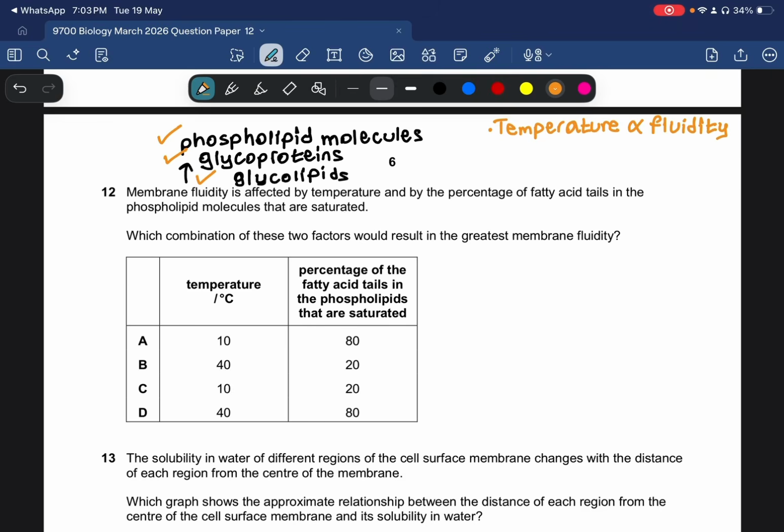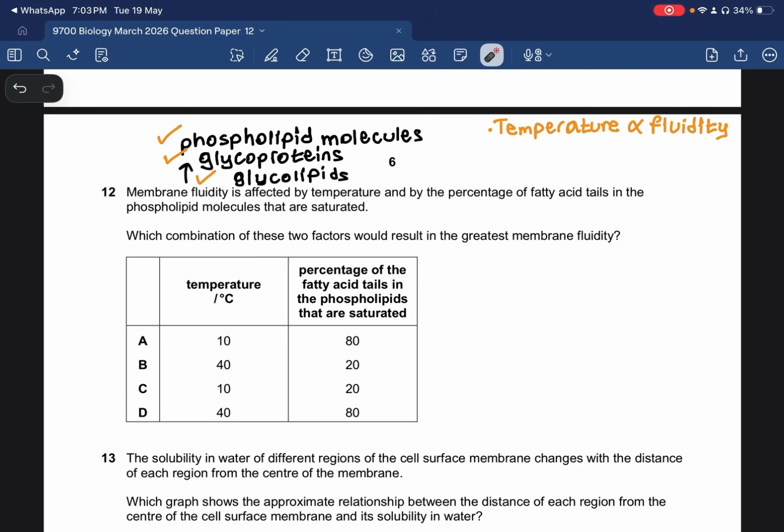Number two, let me ask you this. You have phospholipid molecules in there, and you know that phospholipid molecules have two fatty acid tails. Just assume for a second that you have a cell membrane, and inside every single phospholipid molecule, every single fatty acid chain is unsaturated.